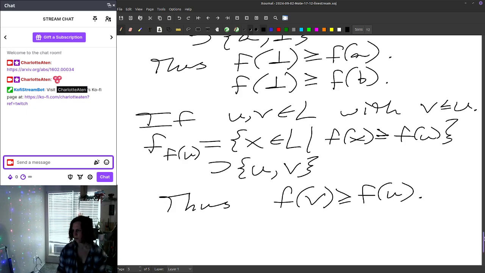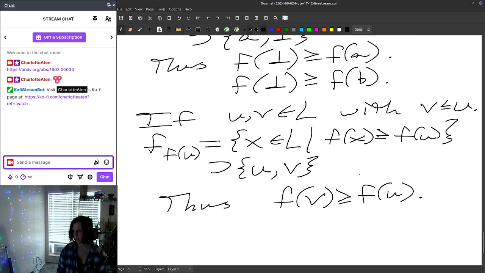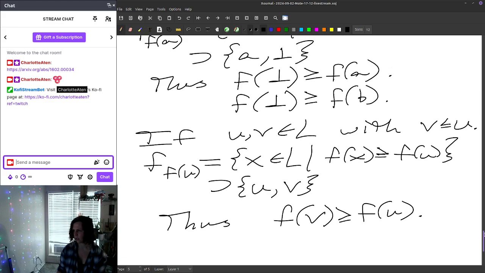Okay, so certainly we need this to be an order reversing map, and so that seems like definitely a necessary condition.